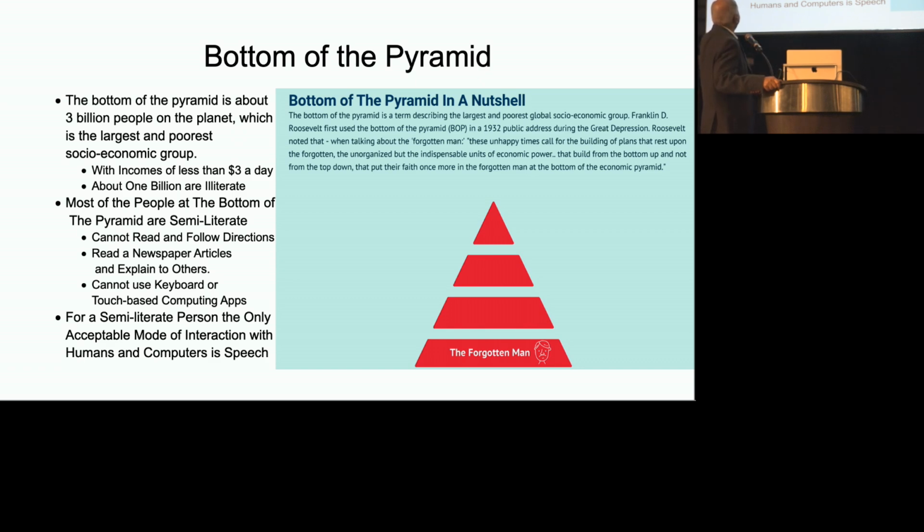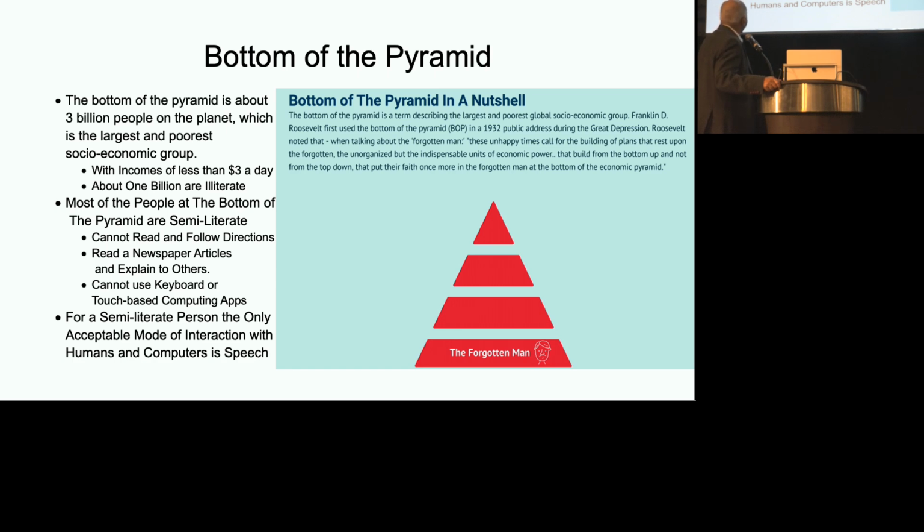And they have some interesting characteristics. Their income is less than $3 a day, and about 1 billion plus are illiterate. They can't read or write any language. Most of the people at the bottom of the pyramid cannot read or follow directions, read newspapers, and can't use keyboards and touch-based computing apps.